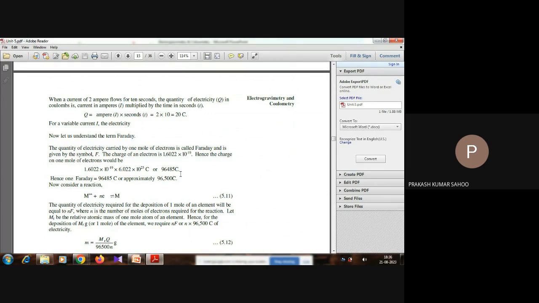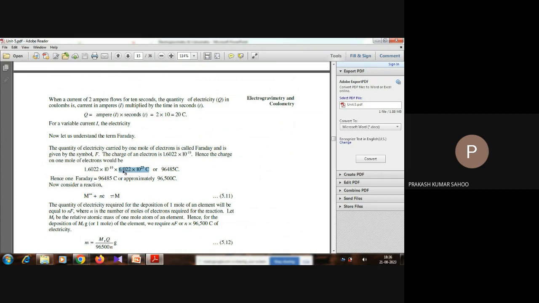Then what is a Faraday? Faraday is just 1 mole of electrons. The electricity carried by 1 mole of electrons is known as a Faraday. The charge of 1 electron is 1.6 into 10 to the minus 19 coulomb, and 1 mole contains 6.022 into 10 to the 23 electrons.